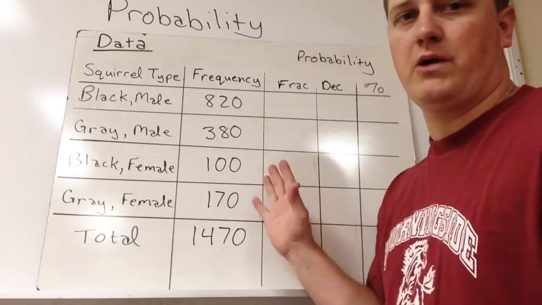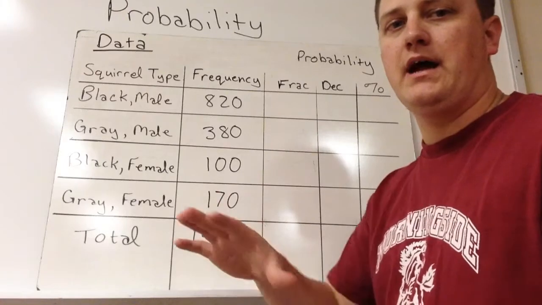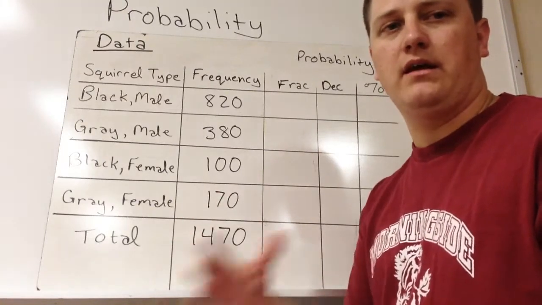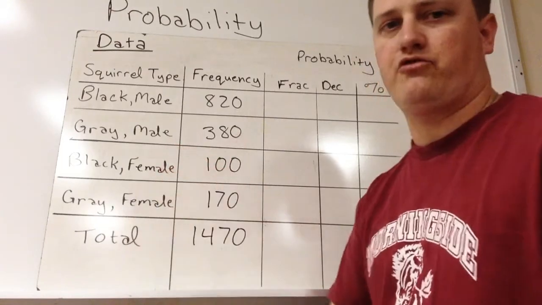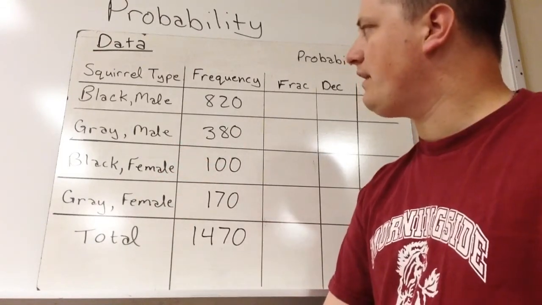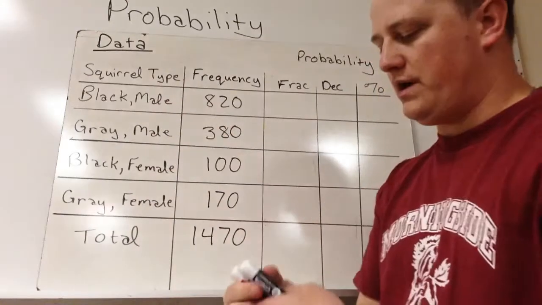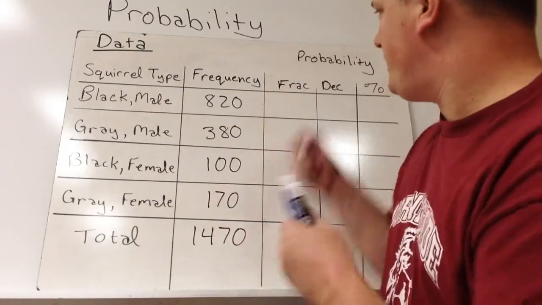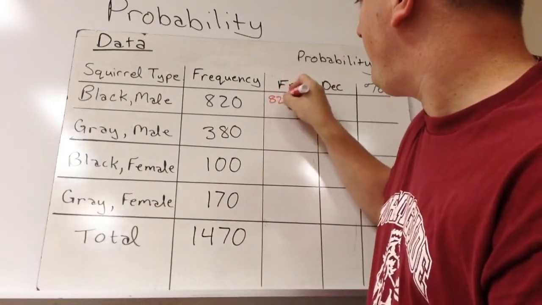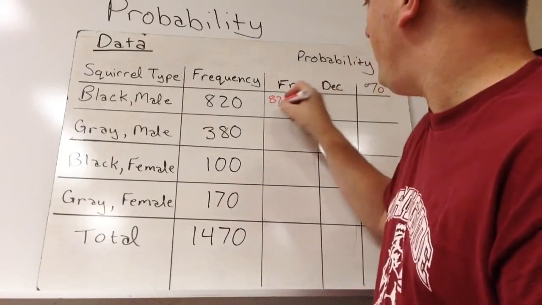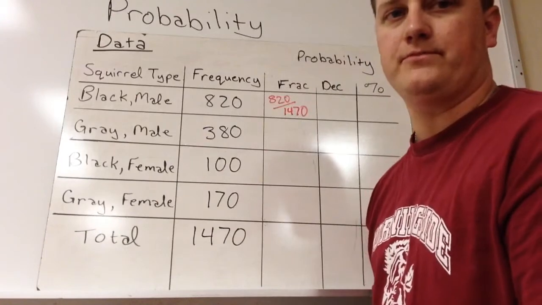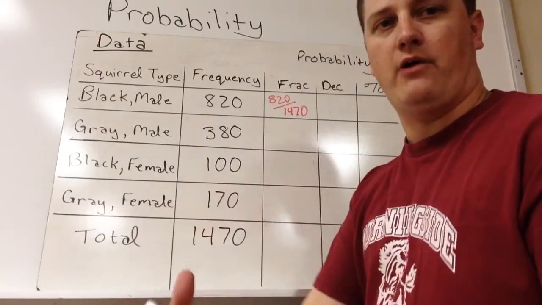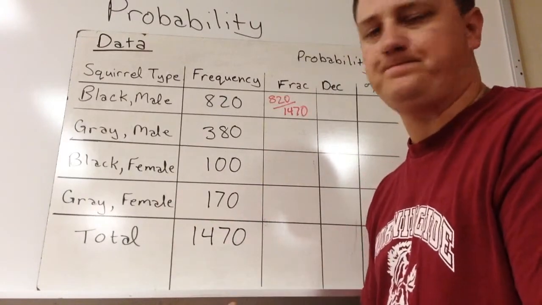So what we want to do is look at the probability of each one of these within the concept, or within this trial. So for black males, for the fraction, we take how many there are and divide by the total. So probability is the outcome divided by the total.